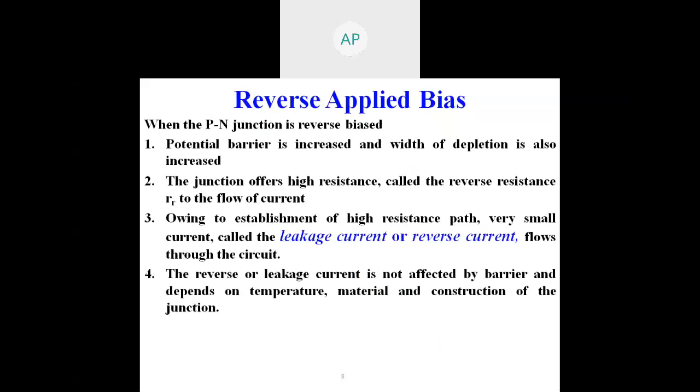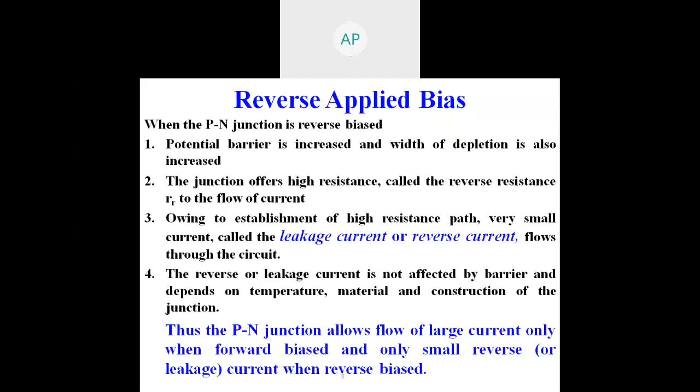The reverse or leakage current is not affected by the barrier and depends on the temperature, materials and the construction of the junction. Thus we can say that the PN junction allows a large current only with forward bias and only a small reverse current or leakage current with reverse bias.